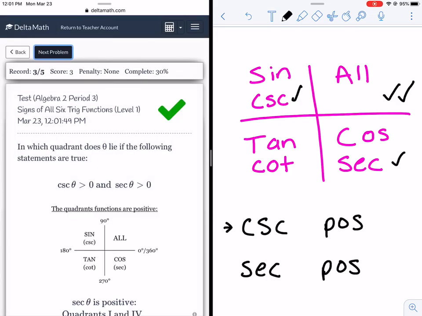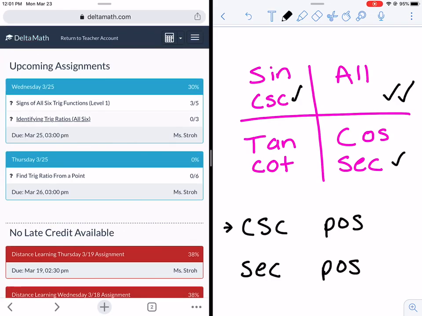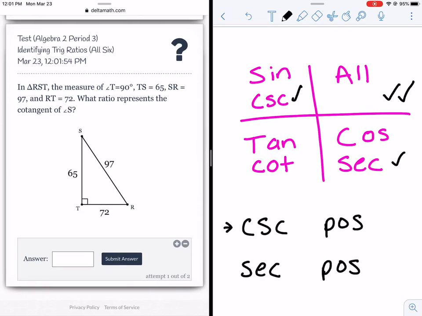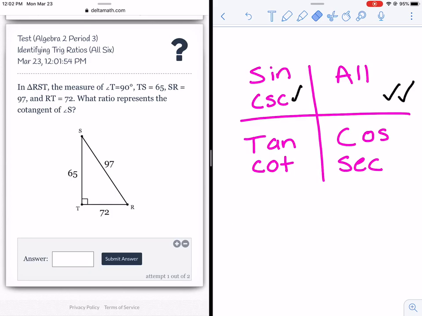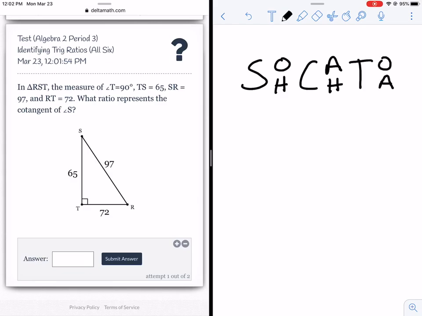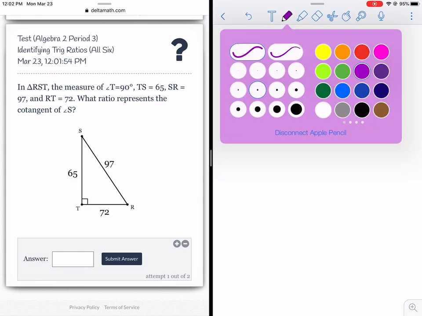Okay, after you complete 5 of those, I would like you guys to go back to identifying trig ratios. This is what we did yesterday. I just want to make sure that we're continuing to practice these as we go through this unit and learn new material. So which ratio represents cotangent? Again, when we're doing these, I'd like you guys to write SOHCAHTOA, and then think of the reciprocal functions that go with each.